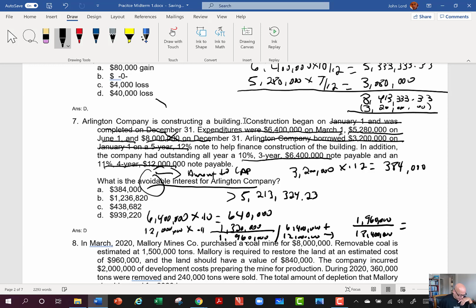Okay, that gives you now an interest rate of roughly 10.652%, which is the average interest on all the other borrowing.